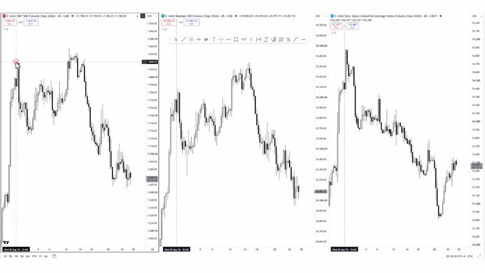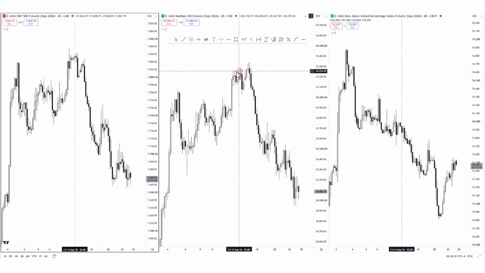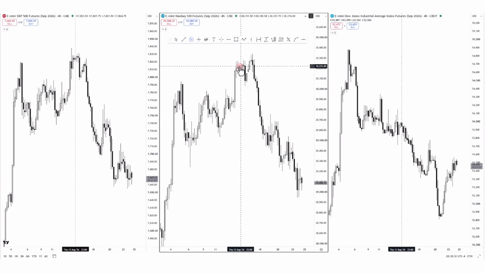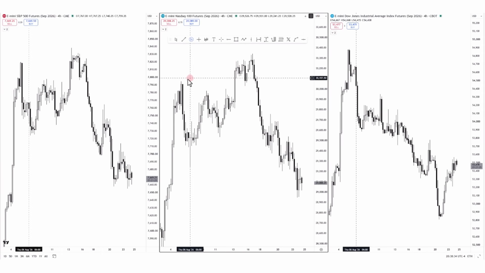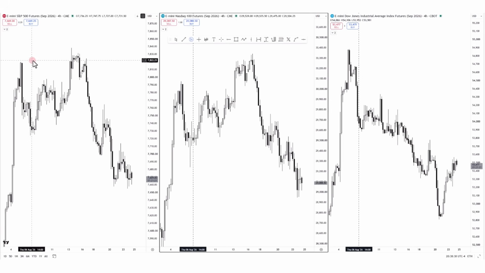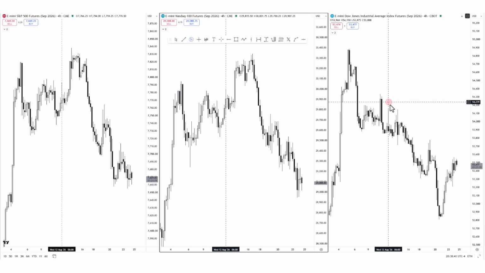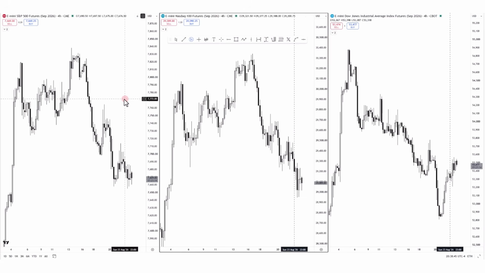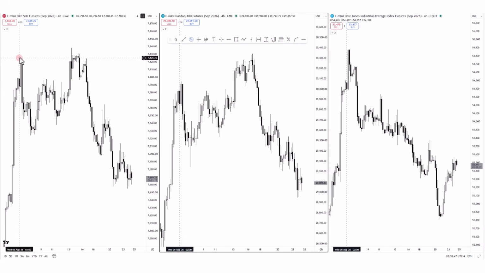Pretty simple to understand. The same thing occurred for the Nasdaq; there was a breach of liquidity. The same thing occurred for the S&P 500, but for the Dow, you can see that that did not occur.